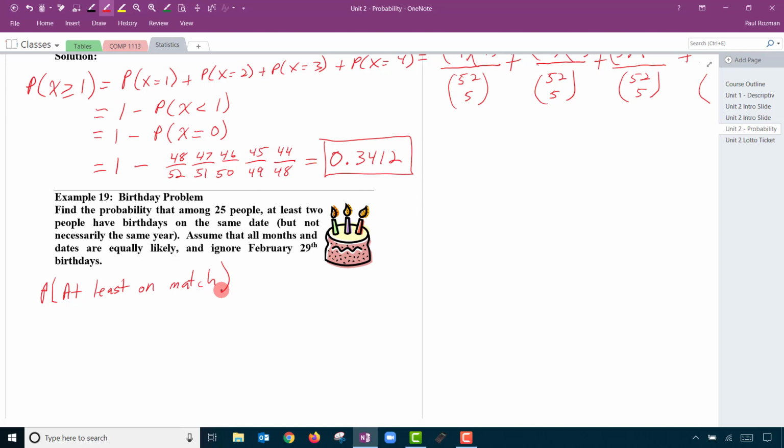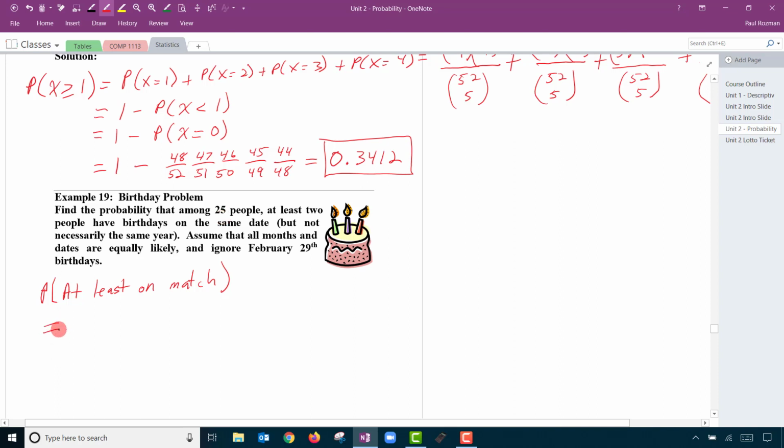You have student number 1. They might match student number 2 or 3 or 4 or 5 or 6. But student number 2 might match student number 1 or number 3 or number 5, etc. So you'd have to find all those different permutations, which would be really tricky with such a large number of people.